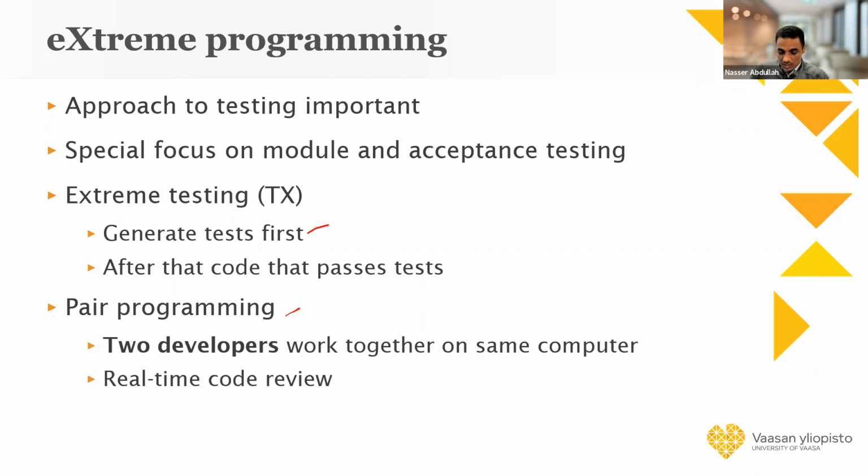The second point is that every pair works together, which we call pair programming. So if you develop anything, you have to develop it with another one. So we have self-review, or we can say double review by other developers.